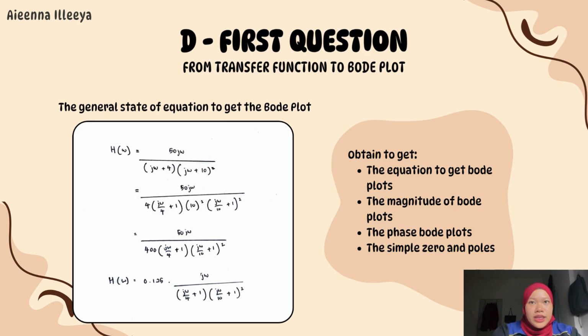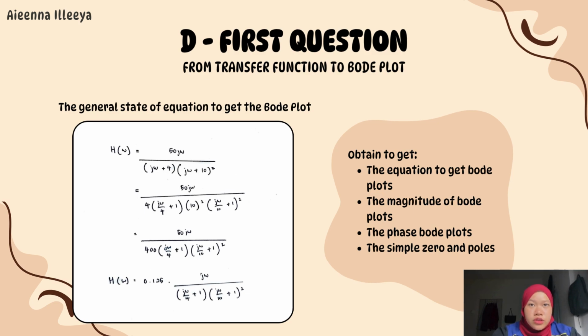H(j omega) equals 50 j omega over (j omega plus 1)(j omega plus 10) equals 50 j omega over (j omega over 1 plus 1)(j omega over 10 plus 1).